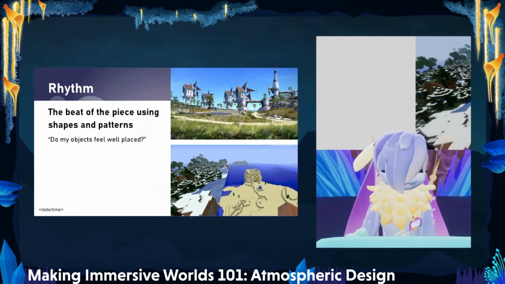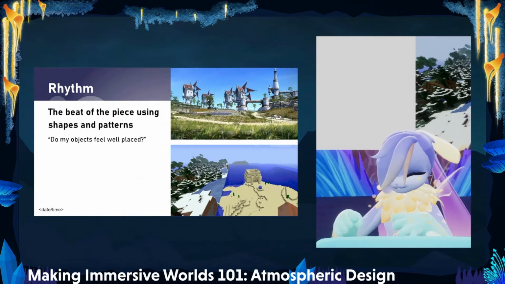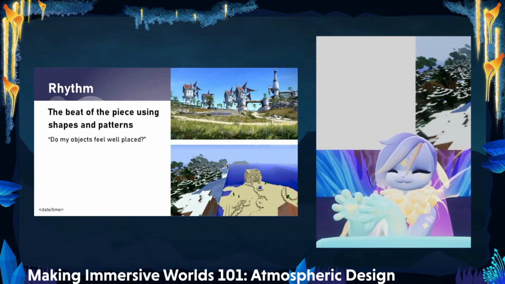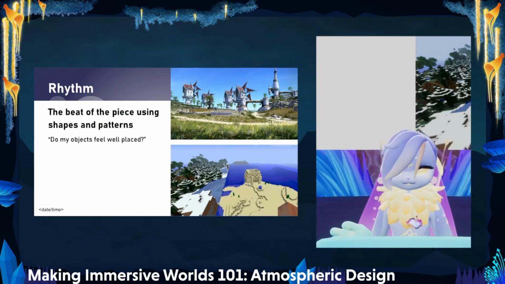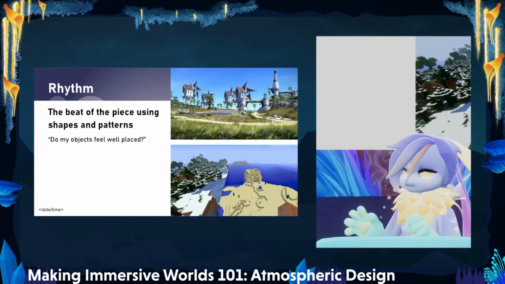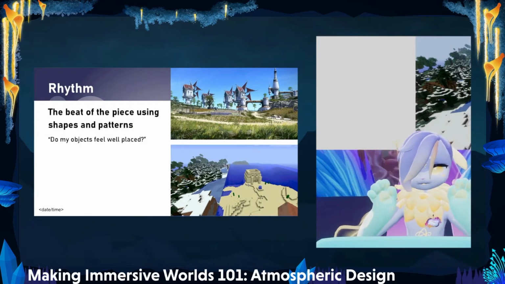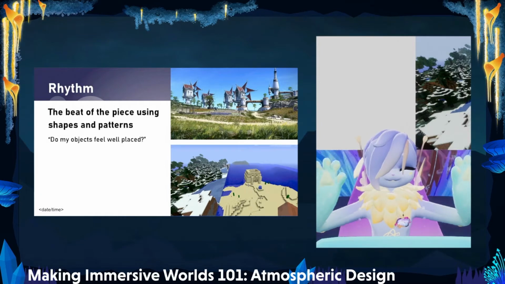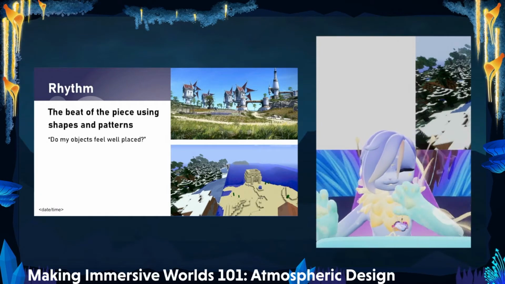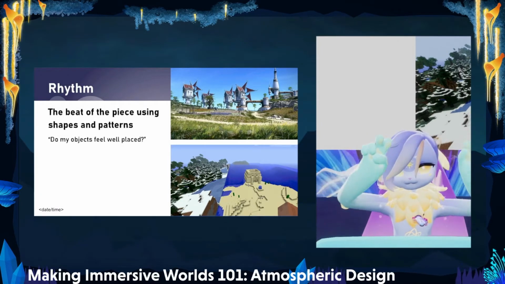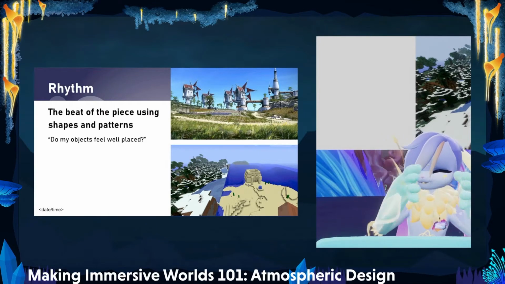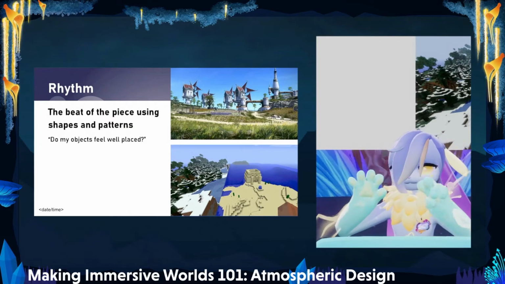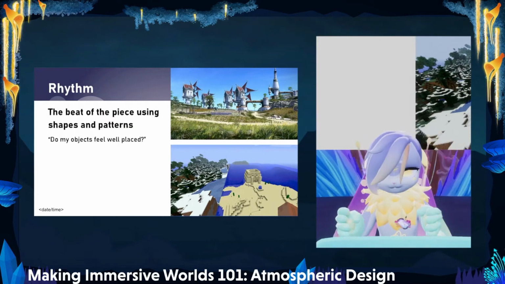The next one is rhythm. Basically, in visual terms, this is the beat of the music, right? It's the beat of the music, but done in visual terms. For example, on the top, we have a really nicely placed outside of Limsa Lominsa, where there are a couple of buildings well placed in between, like boop boop bah, boop boop bah, kind of beat there.